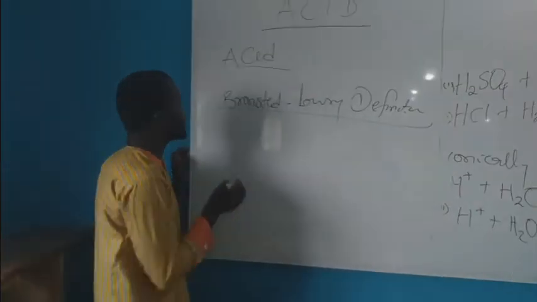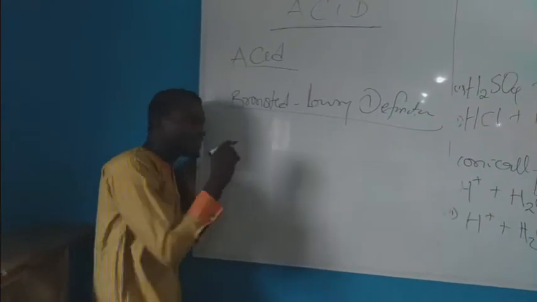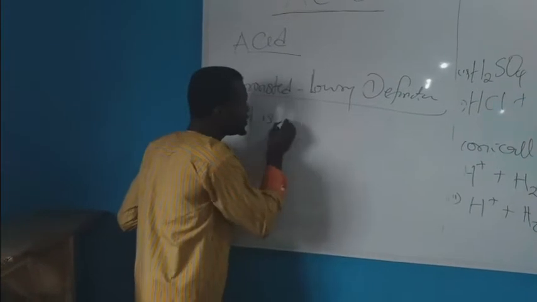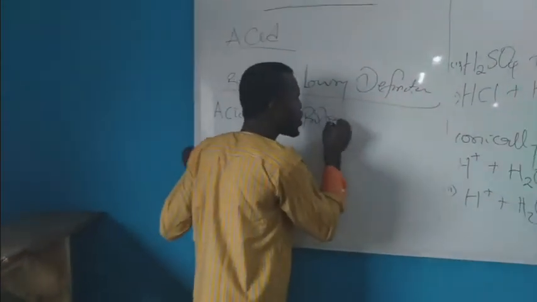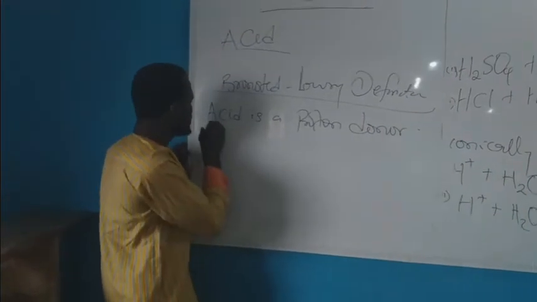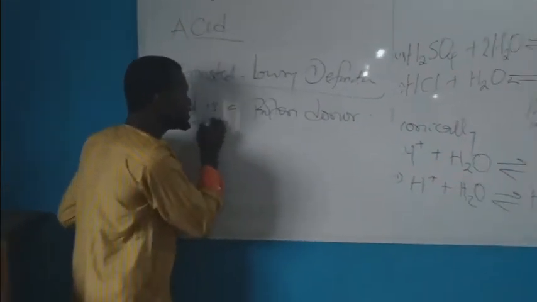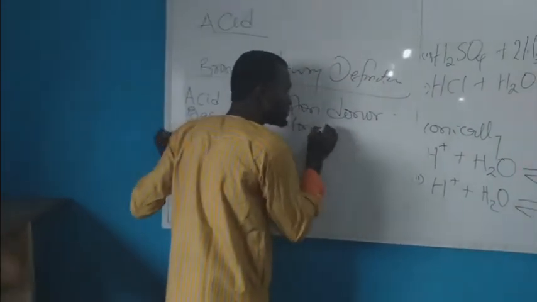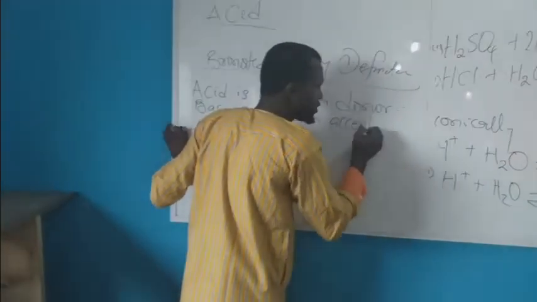According to this definition, they stated that an acid is a proton donor. A base is a proton acceptor.